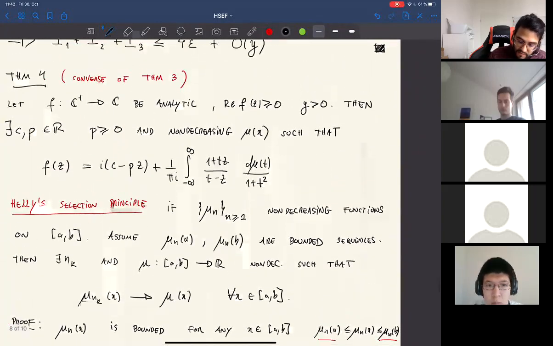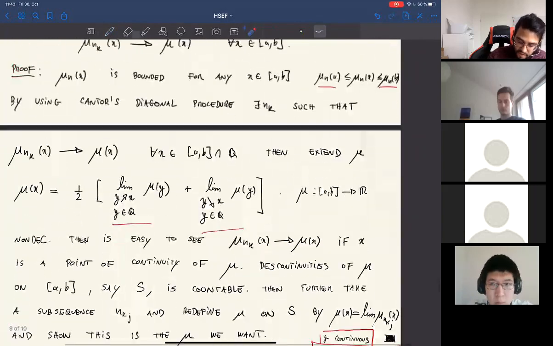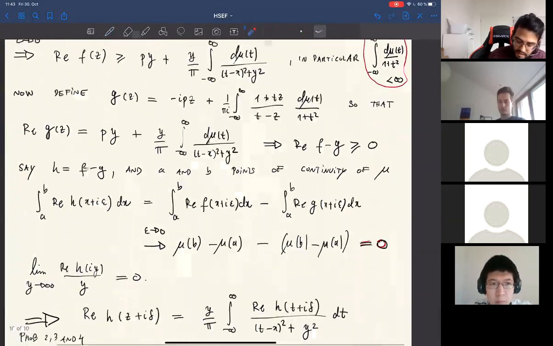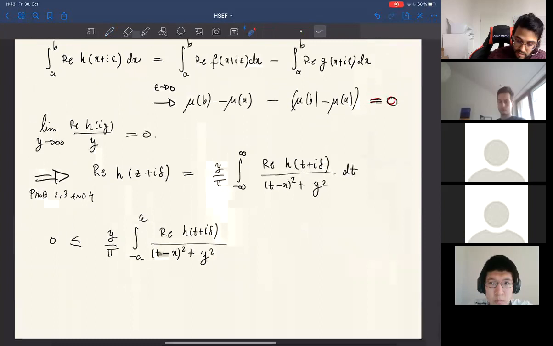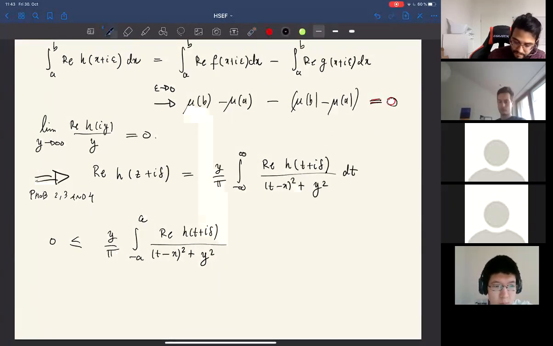This is the f from the theorem, which is exactly like g, but for this constant here. So we want to show that this function h has 0 real part in the upper half plane, and therefore it should be just a complex constant, and then that would finish. That requires some work, and that's what we're doing here.